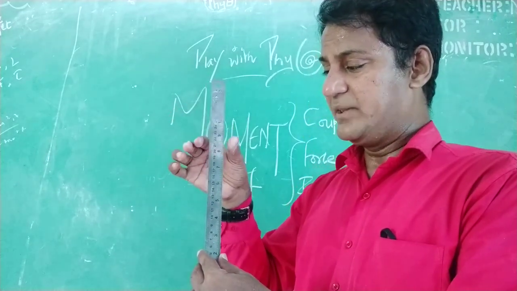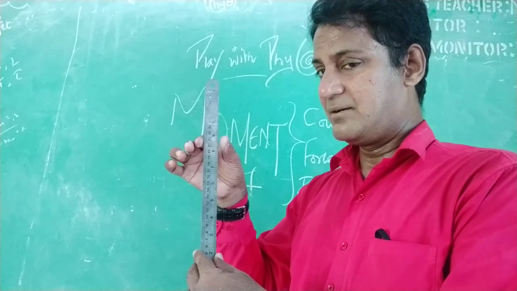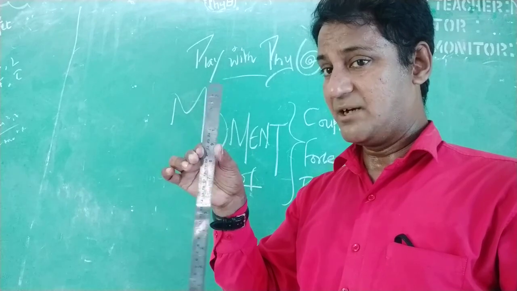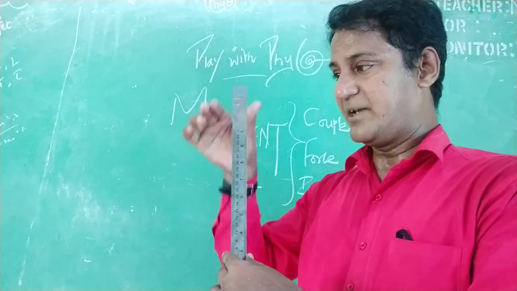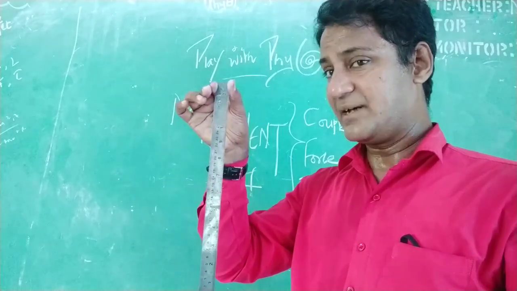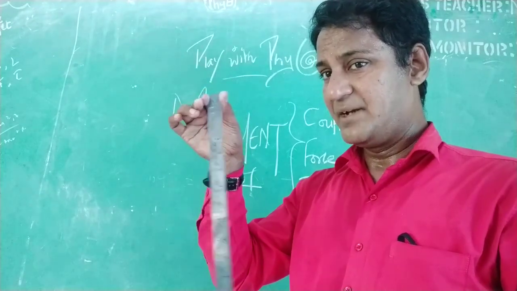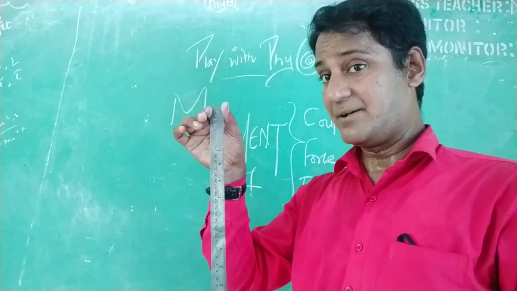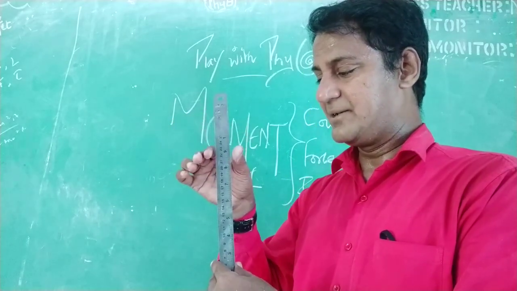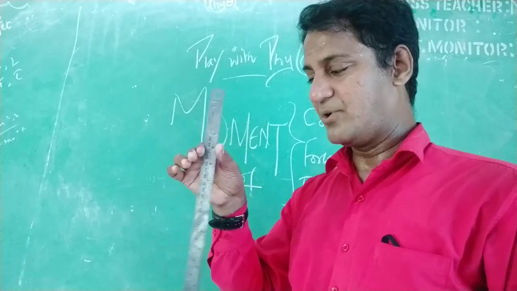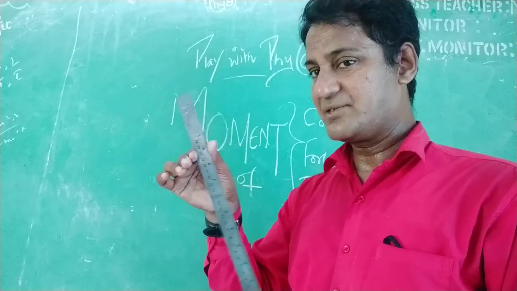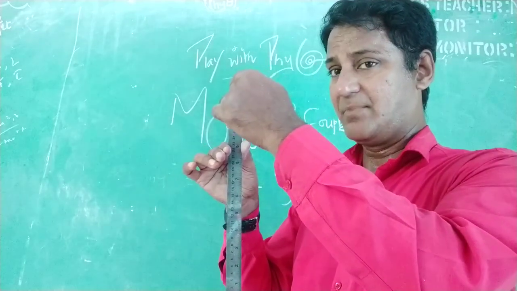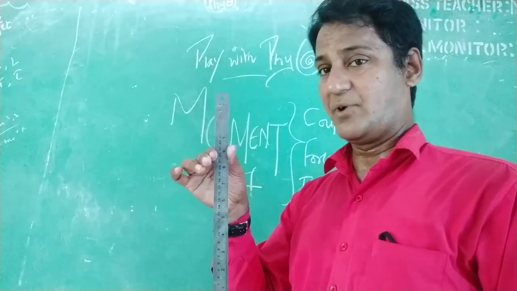When I hold the scale at the edge and rotate, it is difficult for me to rotate because the mass due to rotation is heavier. But when I hold the scale at this point, I can easily rotate because the mass due to rotation is much lesser when compared to the mass due to rotation at the edge.